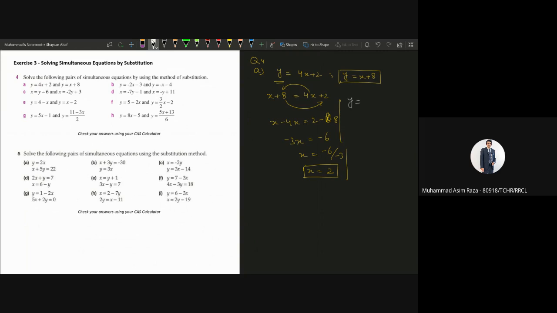For example, you can put it over here, 2 plus 8, so y is equal to 10. You can write down its solution like this one, 2 and 10. This is the right way to write it down. However, if you write it down like this, 10, 2, this will be wrong. So x will come first and it will be followed by y. You understand?